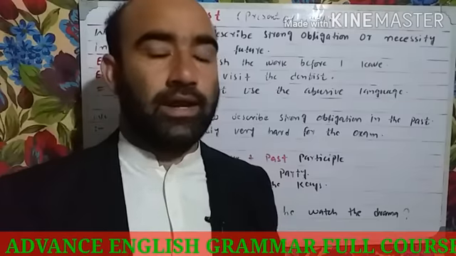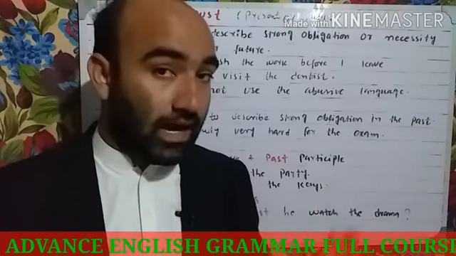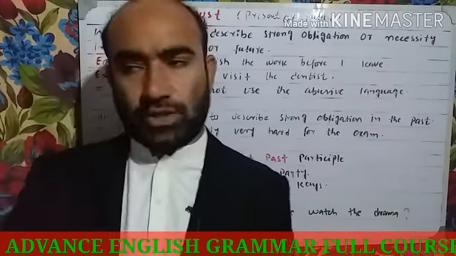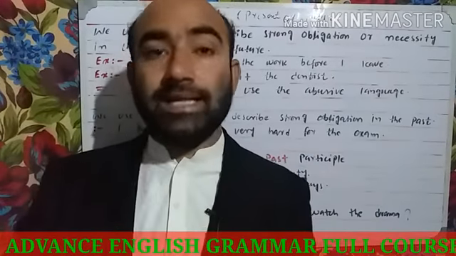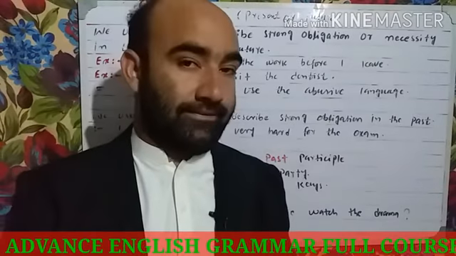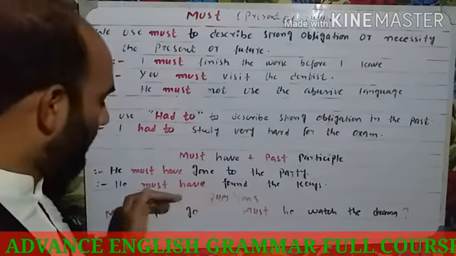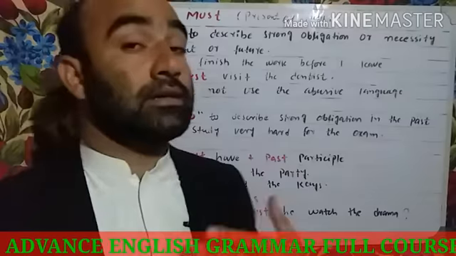So I said to my friend, he must have found his keys. For strong possibility, for strong probability, we use must have plus third form of the verb. Now look at here, he must have found the keys.